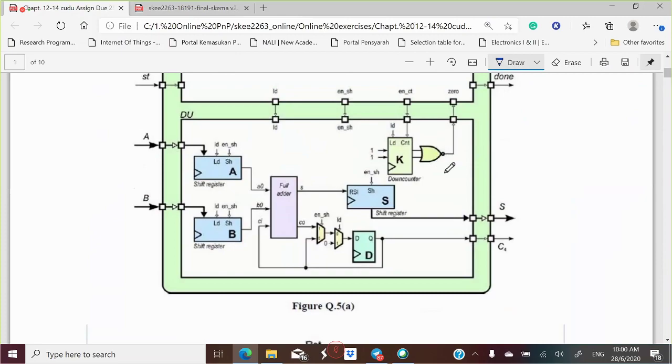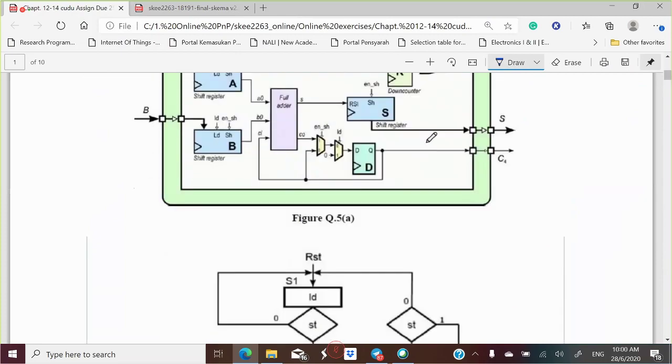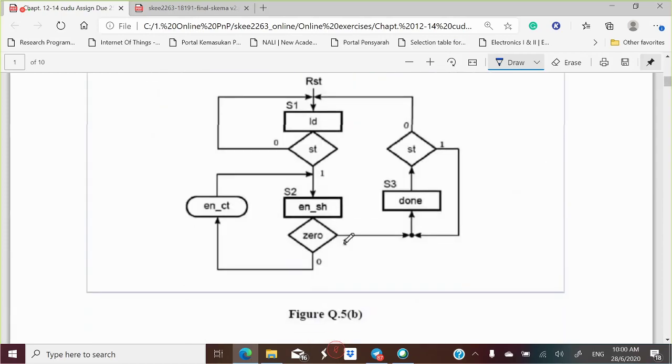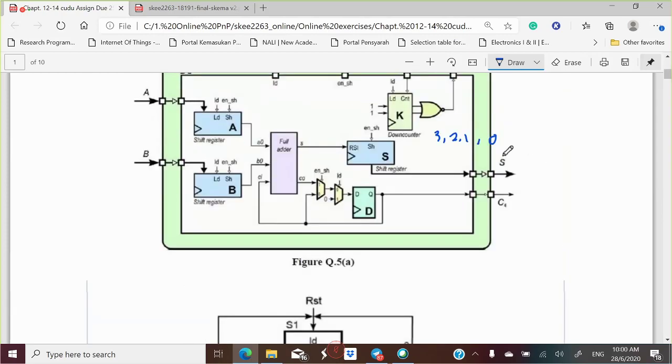So if this is like 4 bits, it will go counting from 3 and then 2 and then 1 and then 0. So you have 4 states and then you got 0 appear, right? The 0. So for as long as this one, you want it to be enable shift, right?